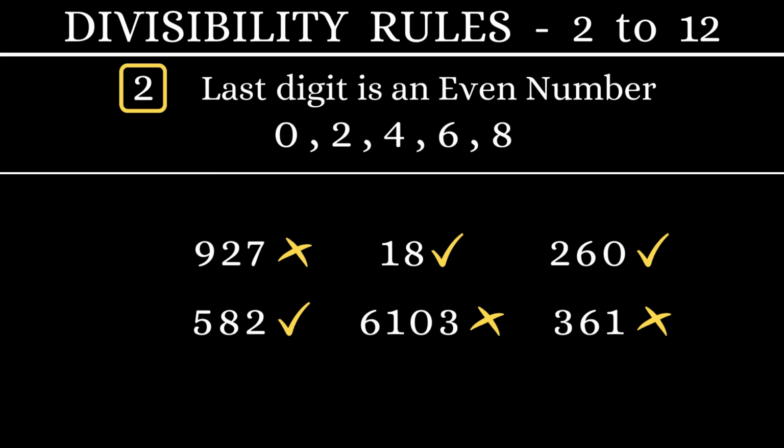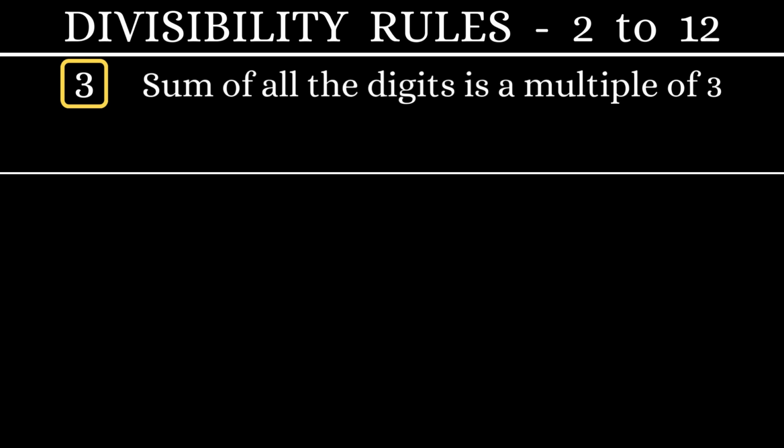With that, we move on to the divisibility rule for number 3. To find out if a number is divisible by 3, we have to add all the digits in that number. And if the digits add up to a multiple of 3, we can say that the given number is divisible by 3.